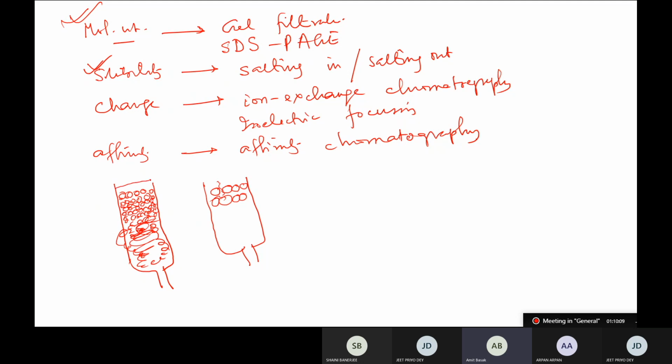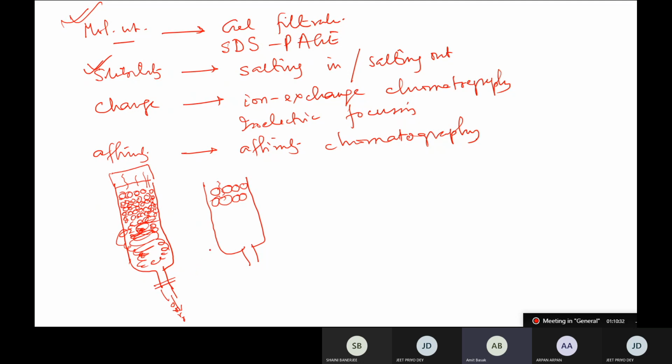Now what you do, you add a solution of protein from the top, and add more solvent, so that it ultimately comes down, and like your burette, the solvent drops will reach here, and you collect the drops.